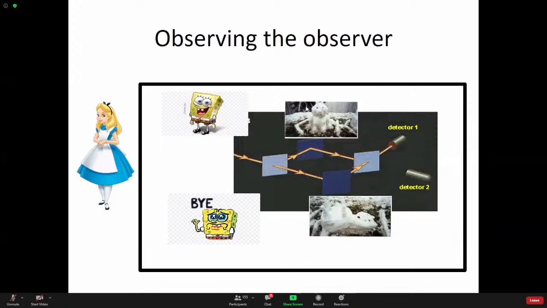So what people like David, and many other people, in fact, there are many places where you can read about it, I've written about it recently as well, have said is, imagine you have an observer inside with a cat. If quantum mechanics really applies to the whole experiment, then there will be a branch of the experiment in which Bob, the observer, will be very happy because he sees that the cat is alive and well.